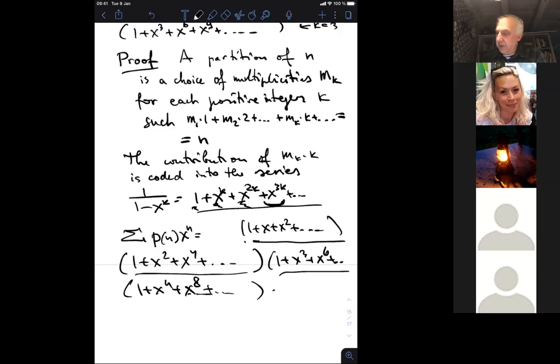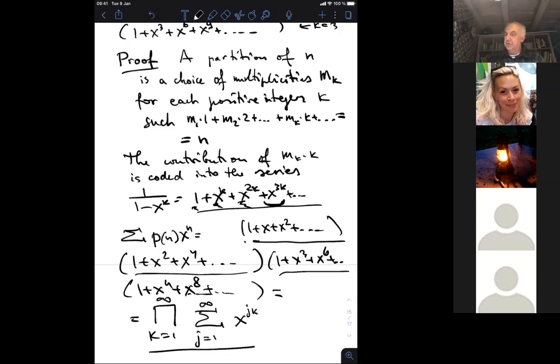So we can rewrite this in the form of the product over all integers k from 1 to infinity, and now here we have the sum over g from 1 to infinity of x^(g times k). That's exactly the same expression, the shorthand for exactly the same thing I wrote earlier.